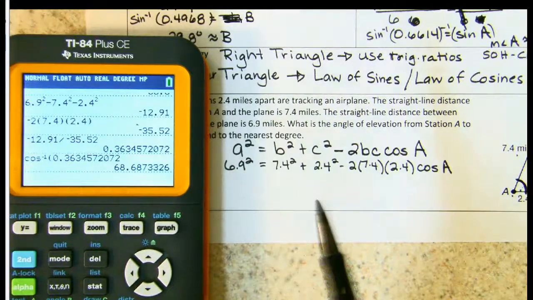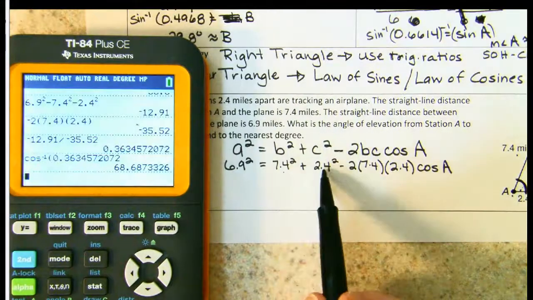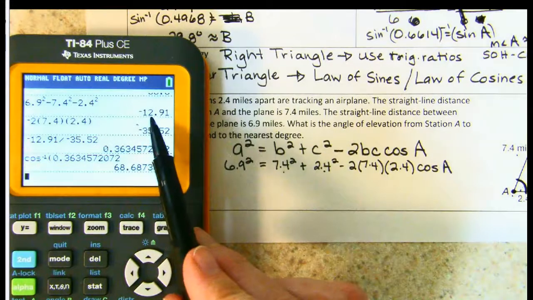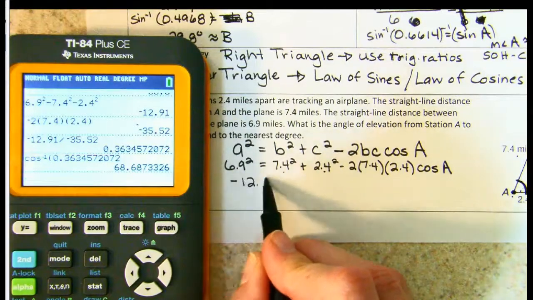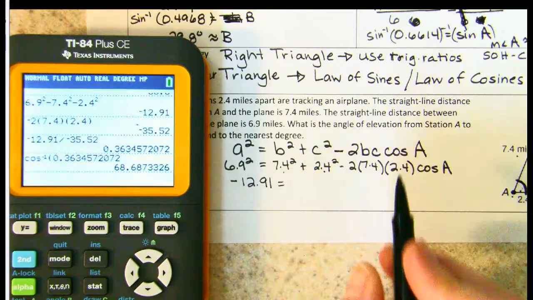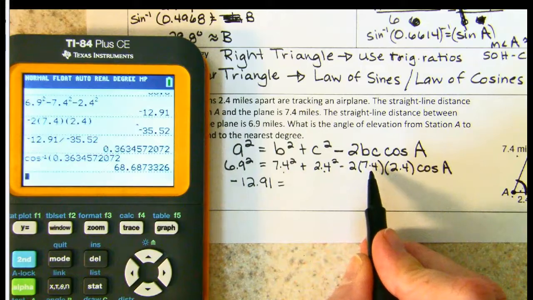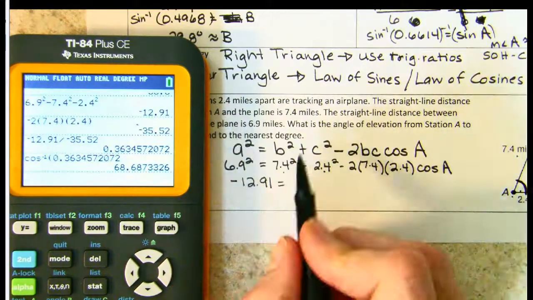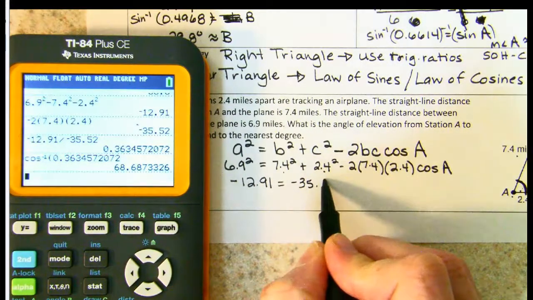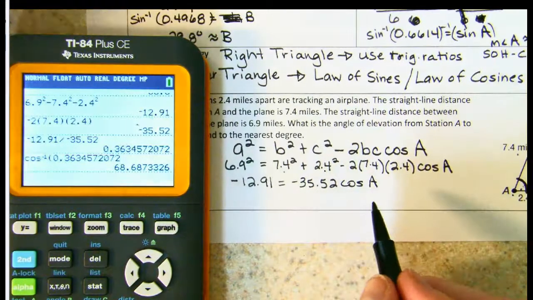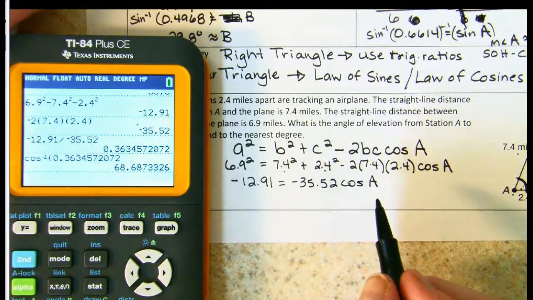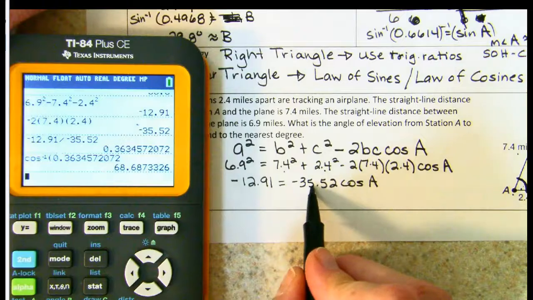The first thing I did was I brought this and this over from the 6.9 squared, and I got a negative 12.91. Then I multiplied these three numbers together, and I got negative 35.52 cosine A. Order of operations must be applied here. I then divided this over here.